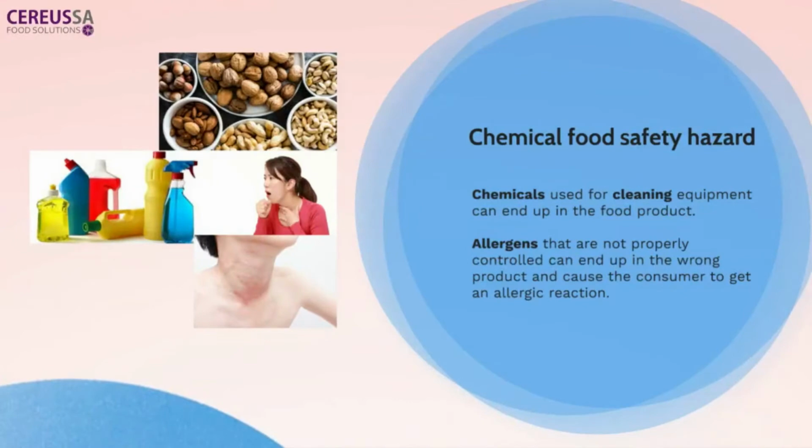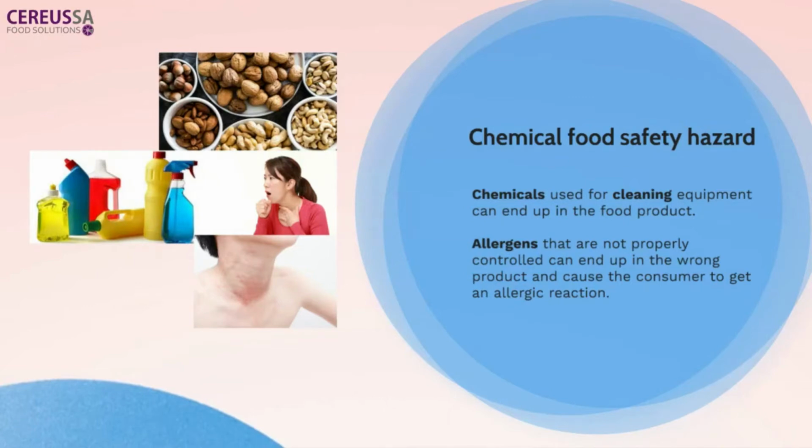Chemical food safety hazards. And here we've got two categories. The one is the chemicals that we use for cleaning our equipment in a factory, and the other one is allergens. Let's first look at cleaning chemicals. So we all use cleaning chemicals in our factories to clean our equipment, but sometimes that cleaning agents can end up in the food product and so become a chemical food safety hazard.